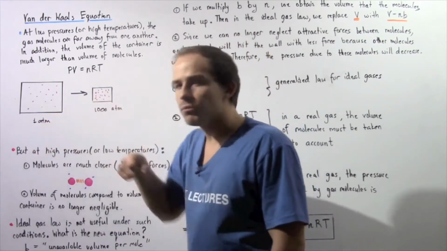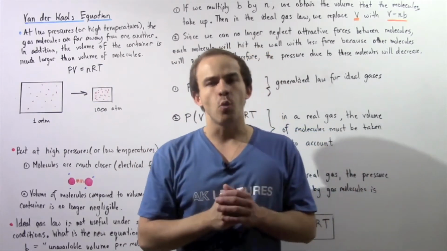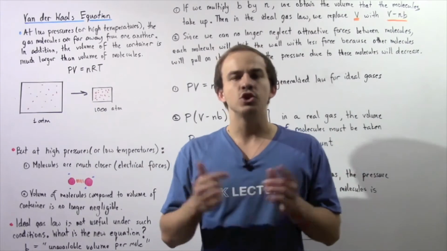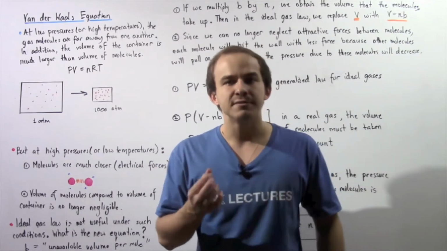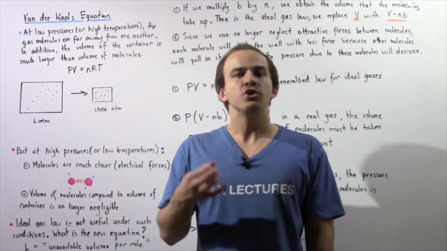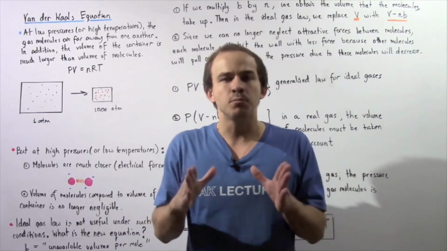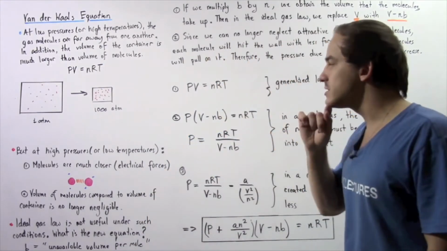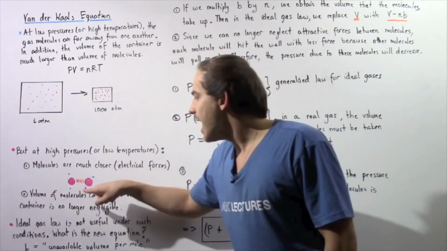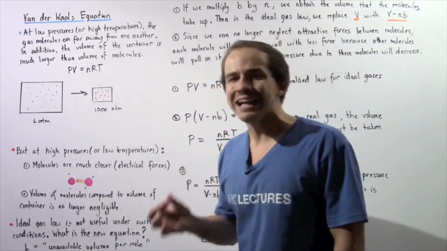Deviation number one: the molecules are now much closer to one another. So the distance between any two neighboring molecules decreases, and that means the electrical forces increase and they're no longer negligible. That in turn will decrease the pressure, as we'll see in just a moment. Deviation number two: the volume of the molecules is no longer negligible.